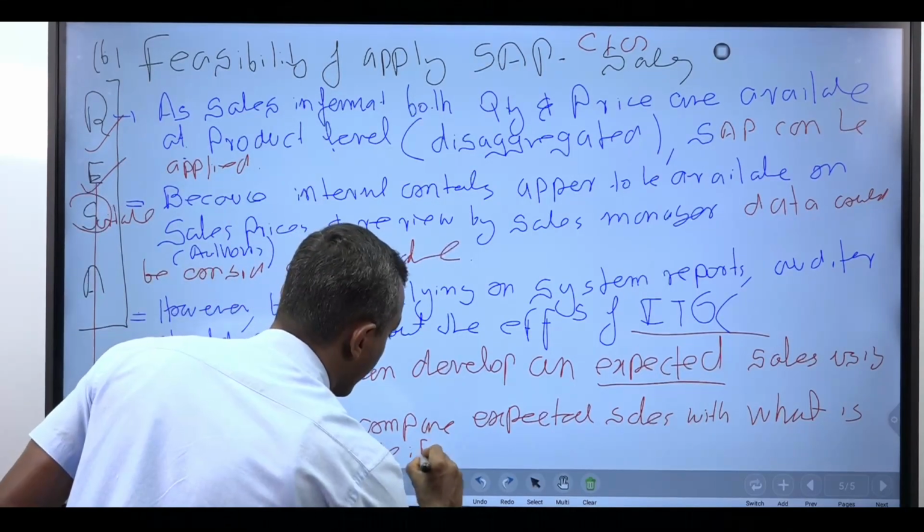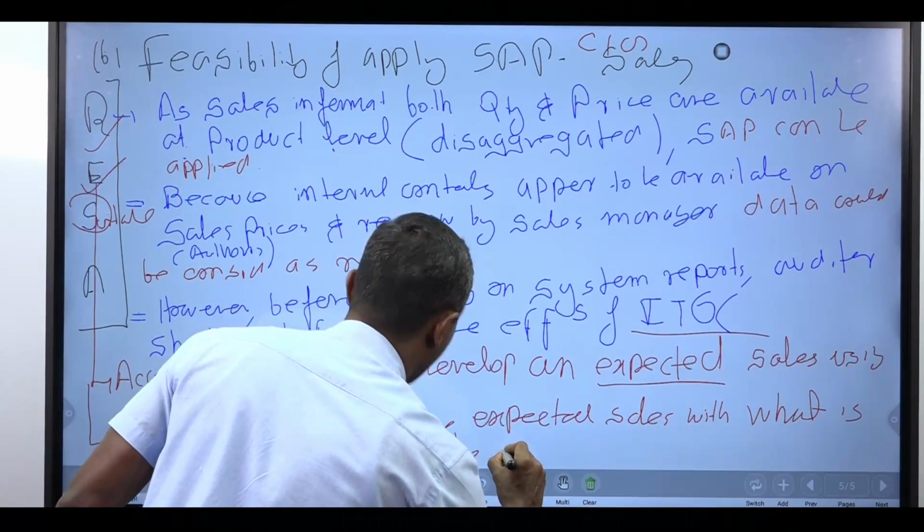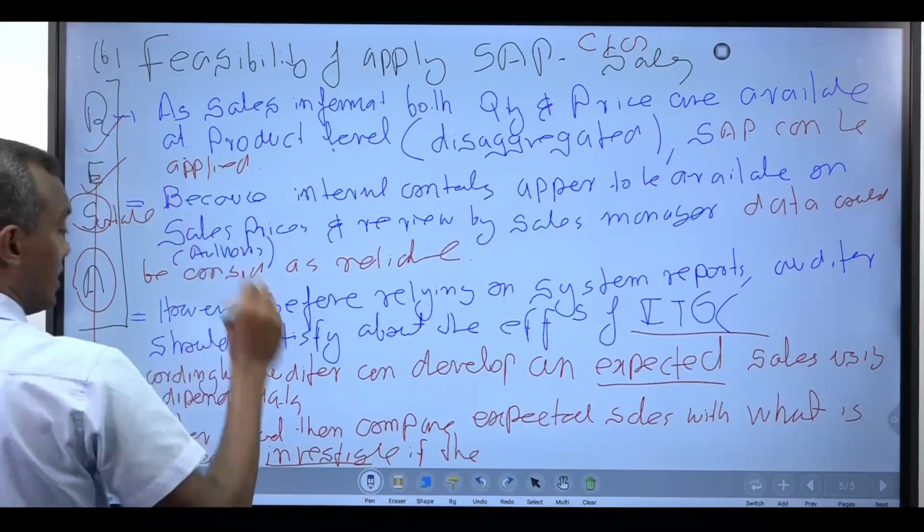Investigate if the difference is acceptable. Now that is A, here, acceptability of the difference.